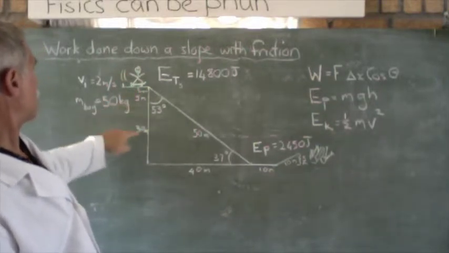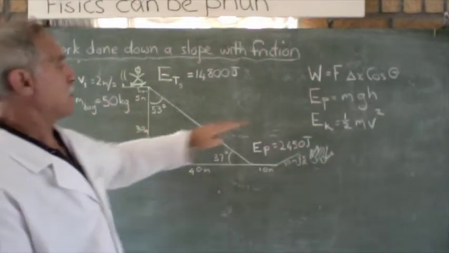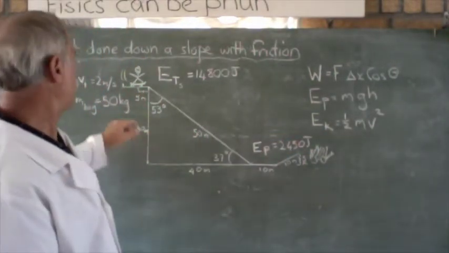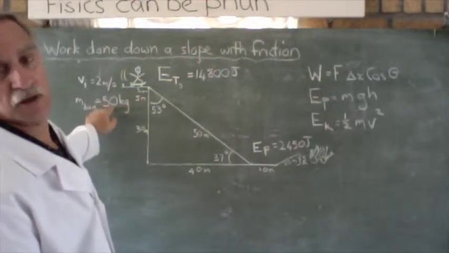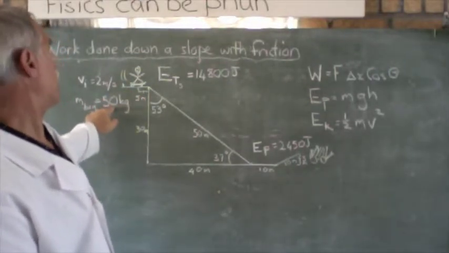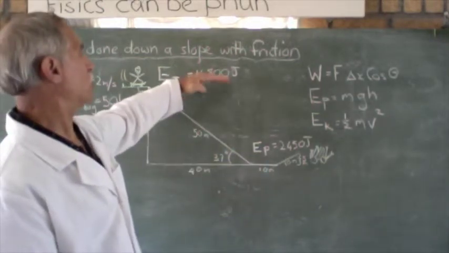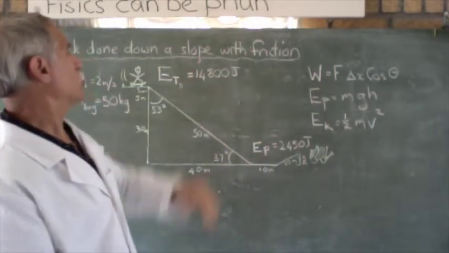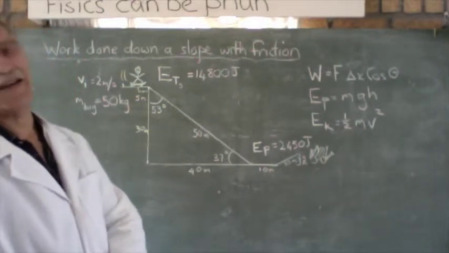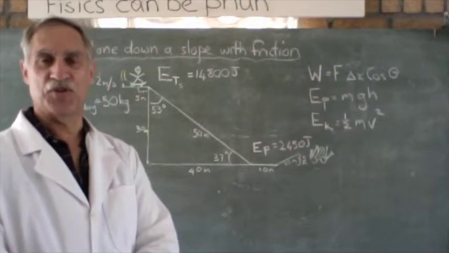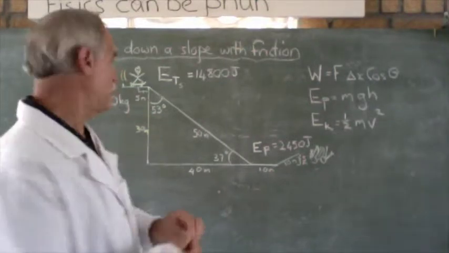His height was 30 meters. And his kinetic energy was half mv squared, which was half his mass, which was 50, times v squared, and his velocity was 2. Adding the two together, we found his total energy was 14,800 joules.